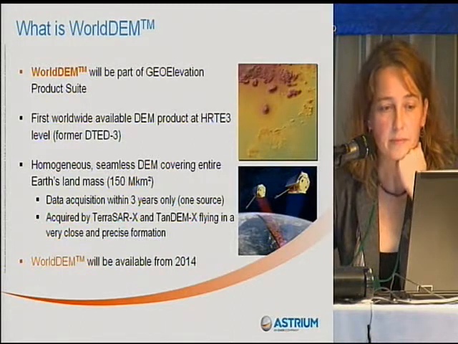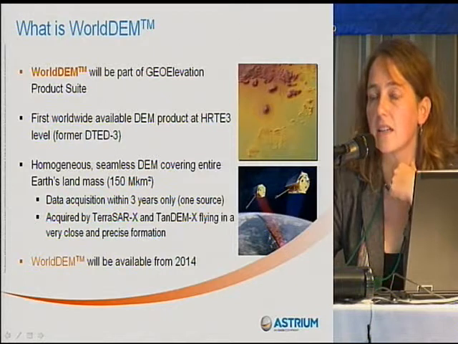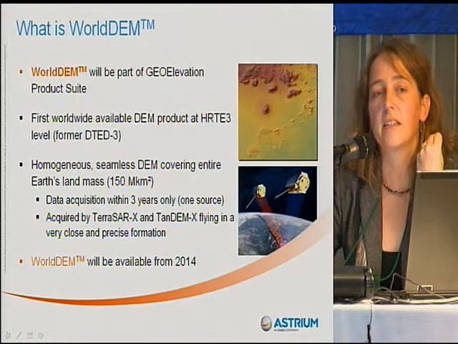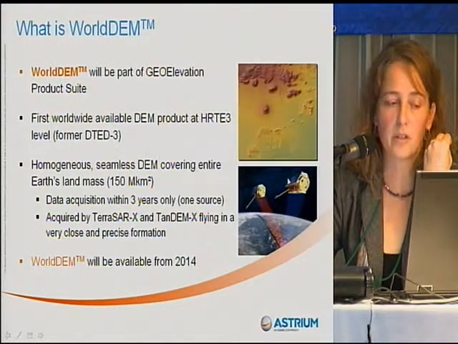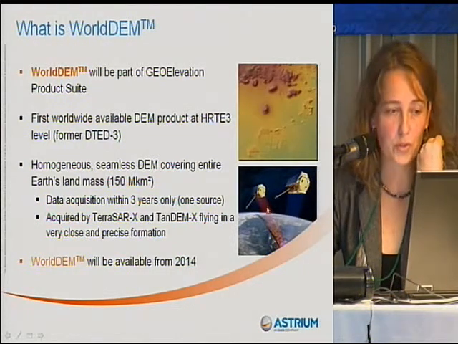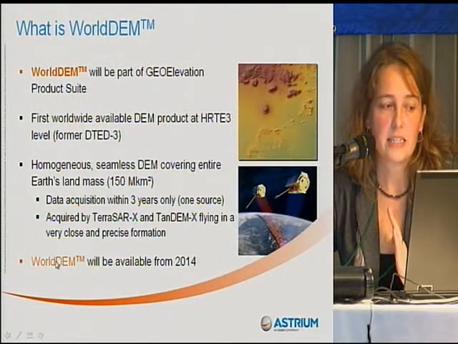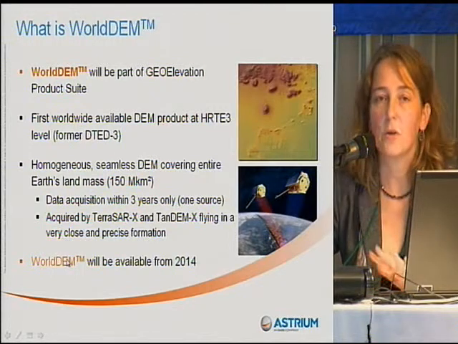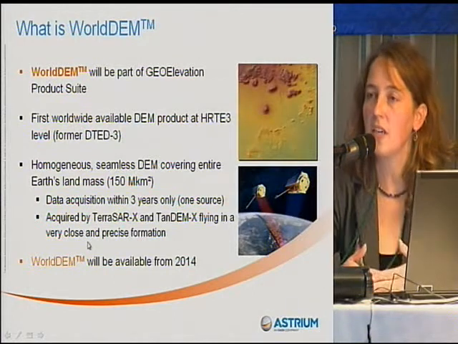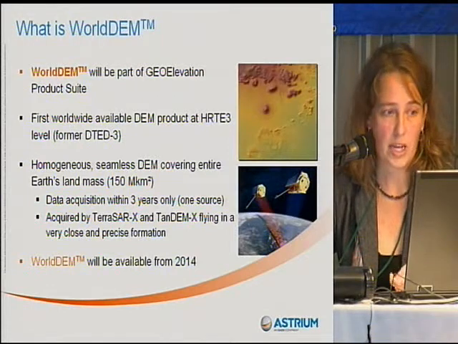With the 2 satellites collecting data, one satellite is sending the radar beam, and both satellites are receiving the signal, and based on interferometry technology, the elevation model can be produced. Our company is the company who will sell this product. We call it the World DEM. So we will get the data from the DLR, the German Aerospace Agency, and will commercialize it.